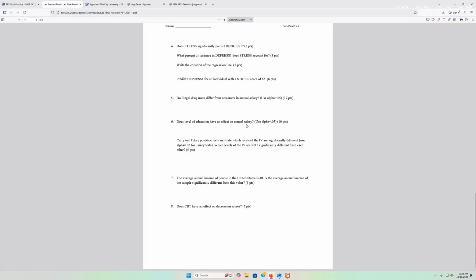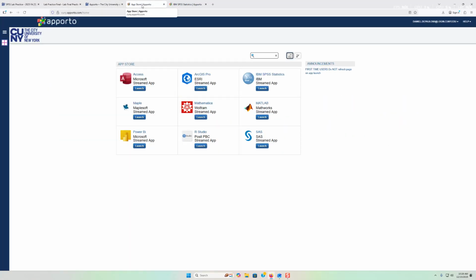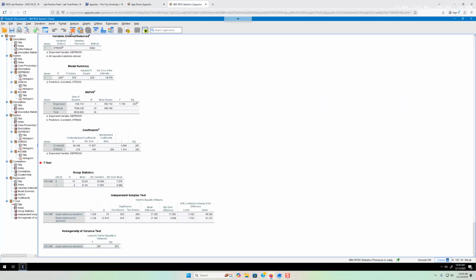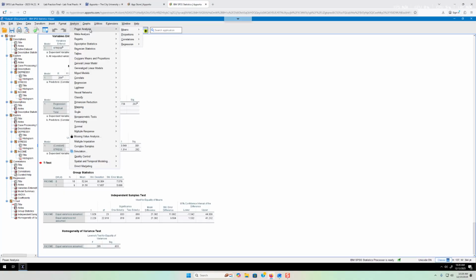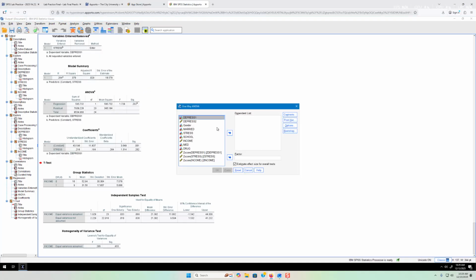Does education have an effect on salary? Let's look at it. Education has multiple categories, more than 2 categories, so therefore we use ANOVA. So compare means and proportions, one-way ANOVA. We're doing income again.